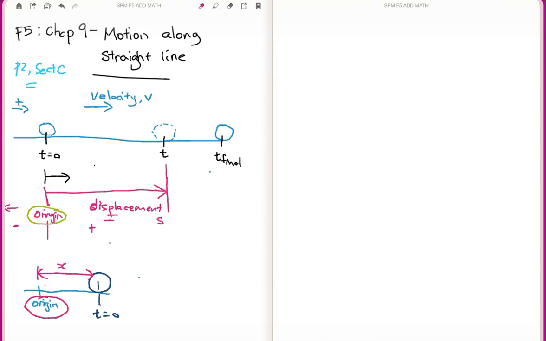And how do you solve questions in this chapter? What you need is what you have learned in Form 4 and also Form 5: quadratic equations in Form 4, differentiation in Form 4, as well as integration in Form 5.